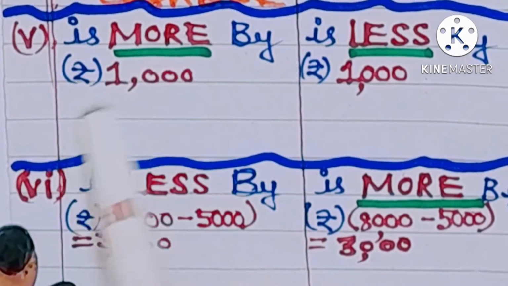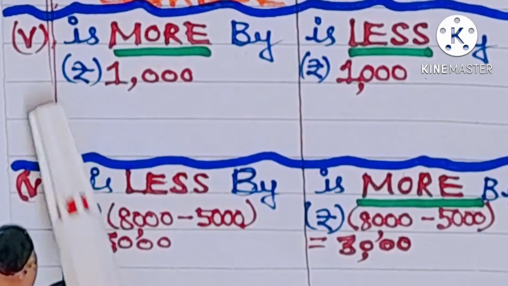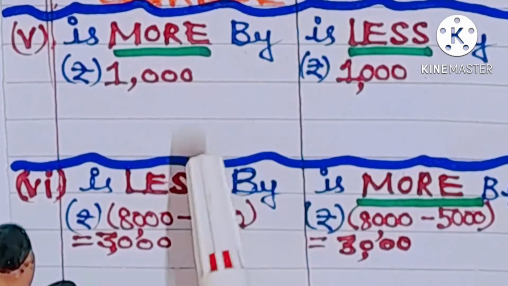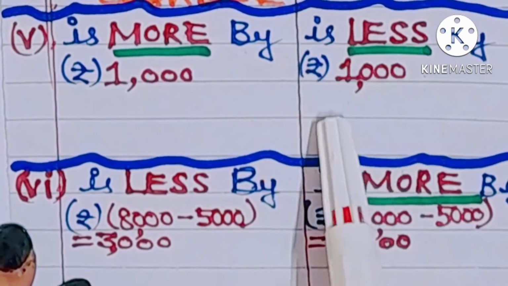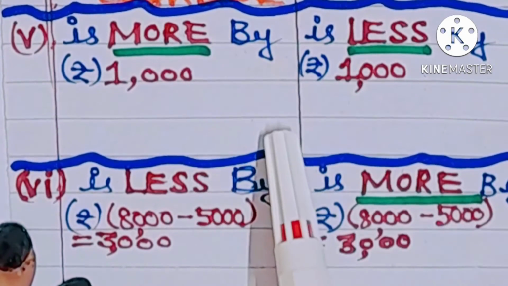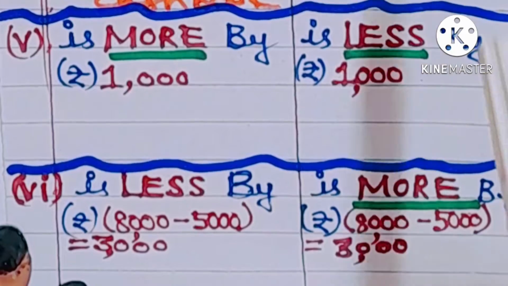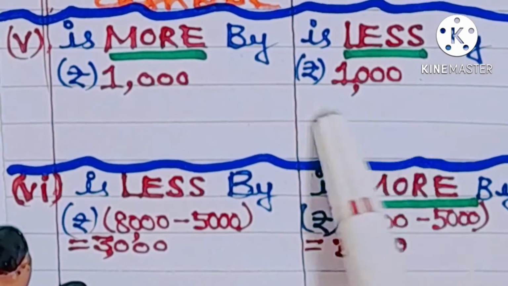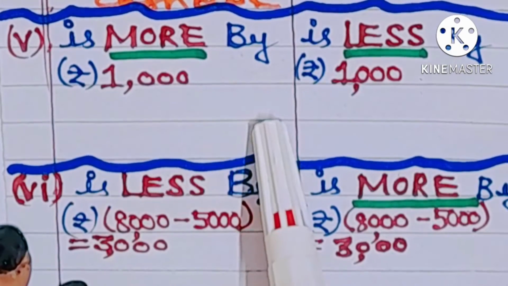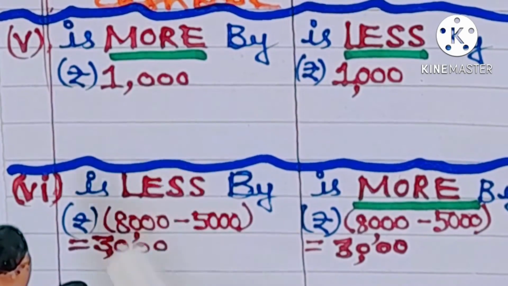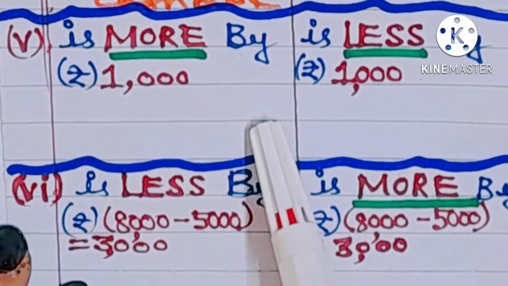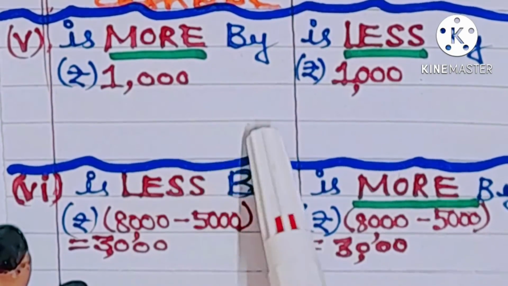See. Number 5. Bank has recorded or entered rupees 1,000 in the withdrawal column or debit column of the passbook. That means bank has deducted rupees 1,000. So passbook balance is less by rupees 1,000. But the businessman has not recorded rupees 1,000 on the credit side or payment side in the bank column of the cash book, because the businessman has not got the information.